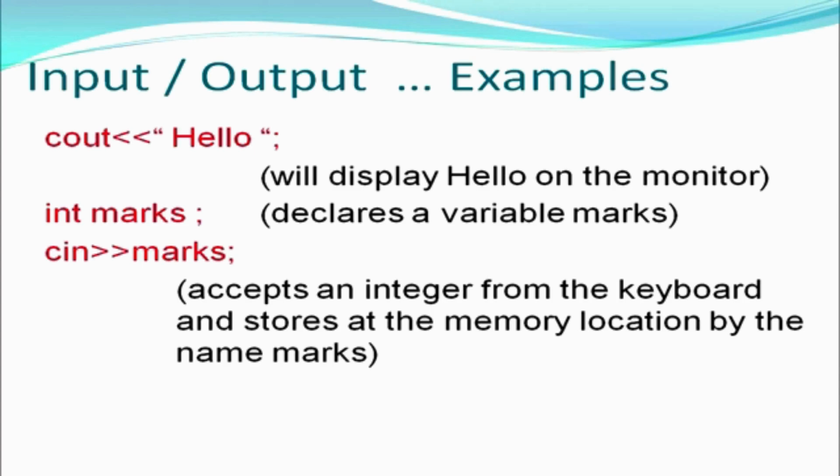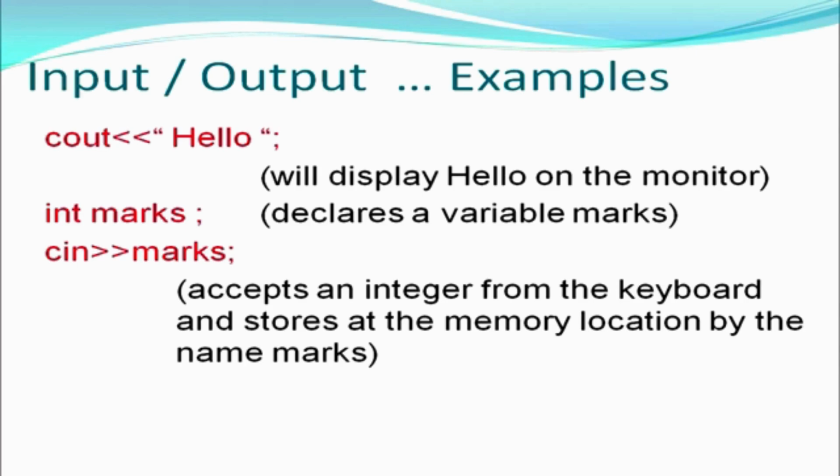First I declared the variable marks and then I am asking the user to enter the value of marks. The command for the same is Cin greater than. Whatever is coming from the keyboard is being stored in the variable marks, which is an integer type of variable. So, this is an example of input and output.